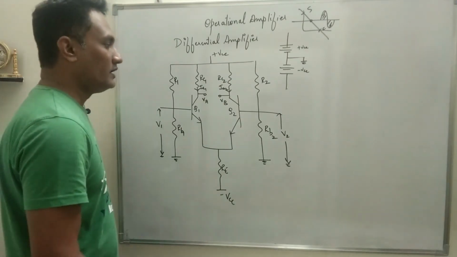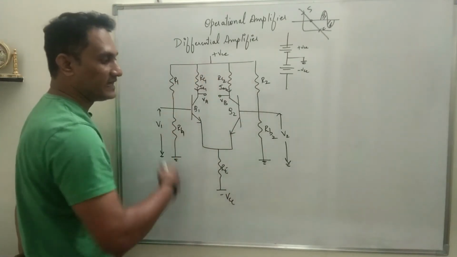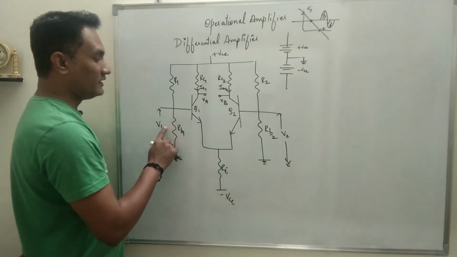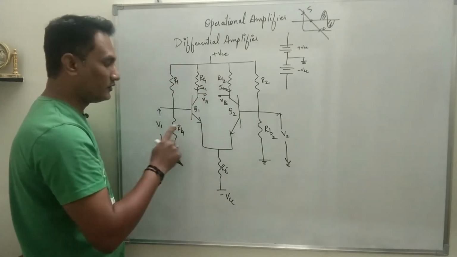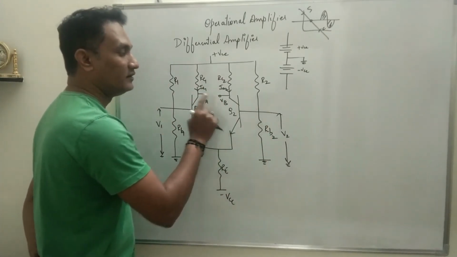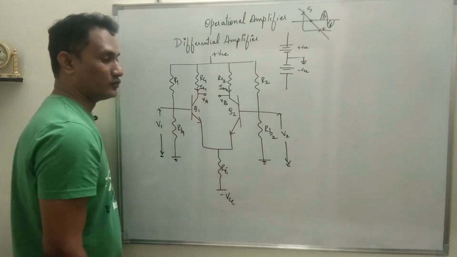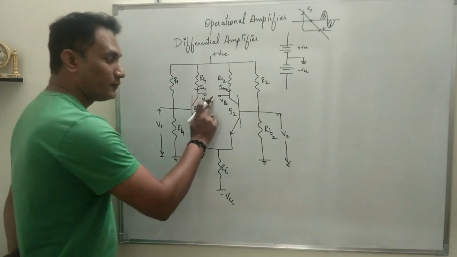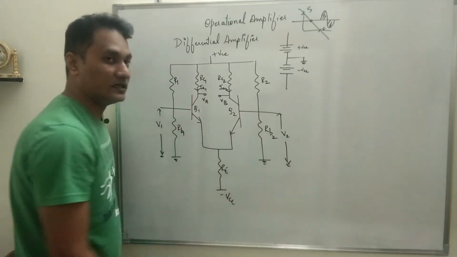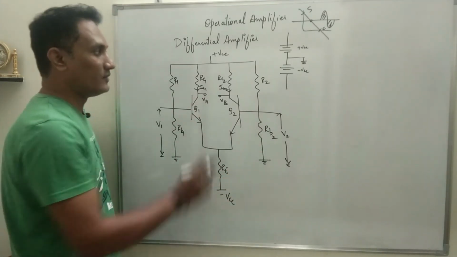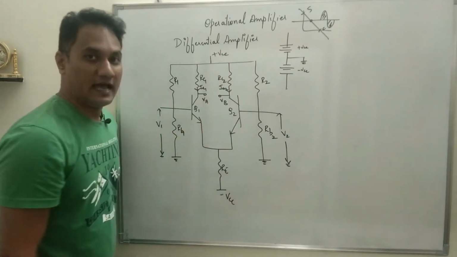Now by this design, what we can see is that instead of one input and one output, we have two inputs and two outputs. So the output is the difference between the two input voltages. Okay, that is why it is called a differential amplifier.